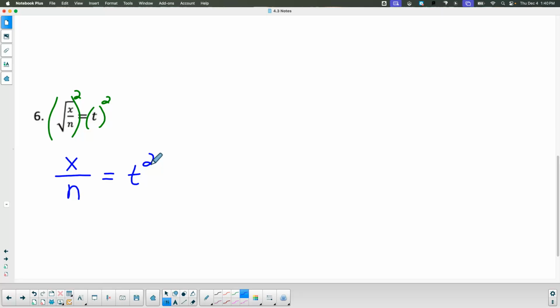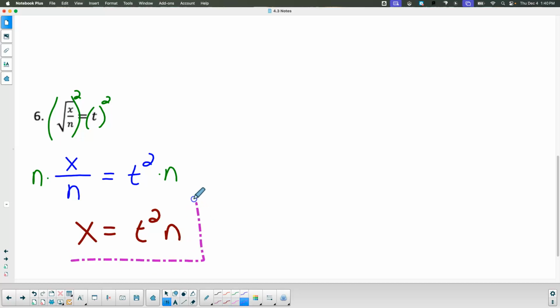Still when I solve for n, multiply both sides by n. I think I said we gotta solve for n, but we gotta solve for x. X is equal to t squared times n, or nt squared. Okay.